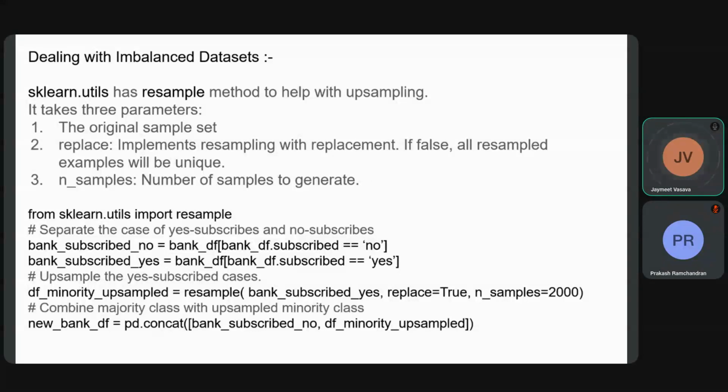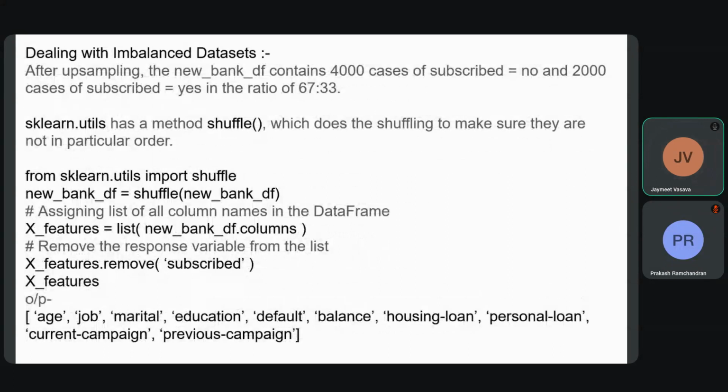So in this, we are upsampling rather than downsampling, and creating a new DF called new bank DF by concatenating the bank subscribed no and DF minority upsampled. After upsampling, the new bank DF contains 4,000 cases of subscribed equals no and 2,000 cases of subscribed equals yes, which makes the ratio 67:33.